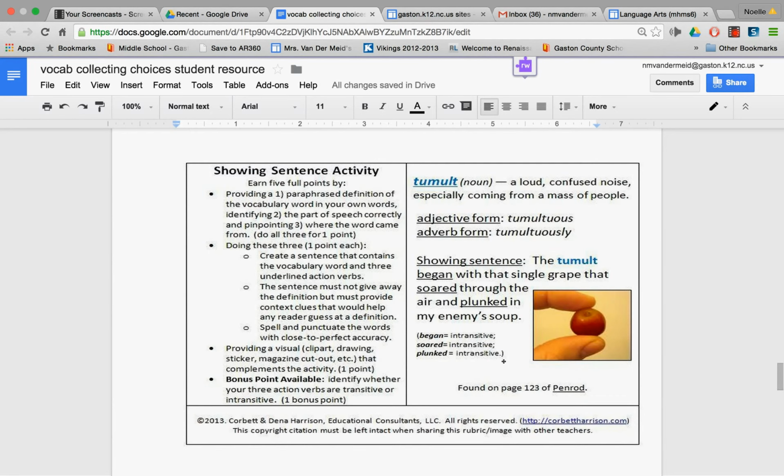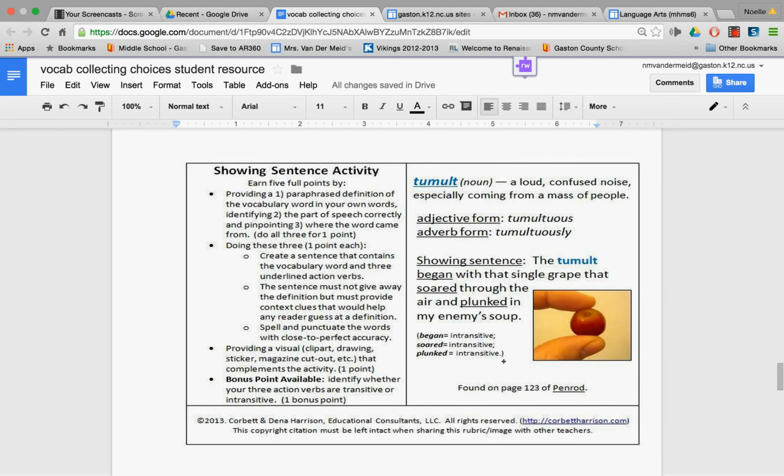Showing sentence. Showing sentence seems really traditional, like something you've always done. You've written sentences with your words your whole school year, all the way through elementary school. But this is a little bit different, adds a little bit more structure, where you can't just say what the word means. You have to actually show me what the word means in your sentence.